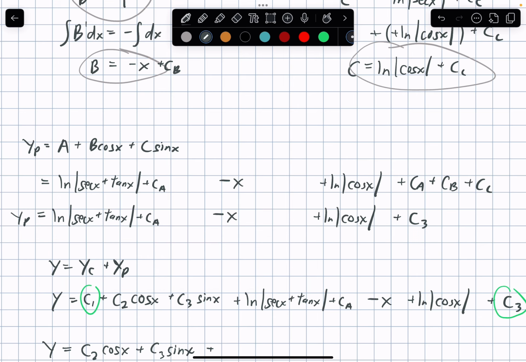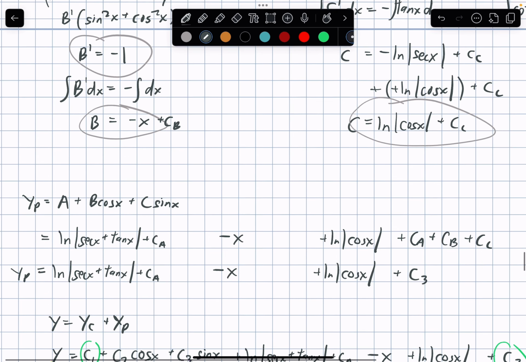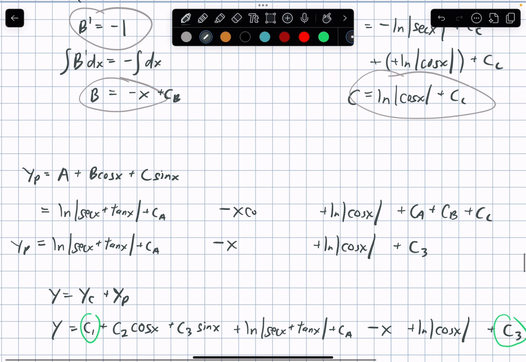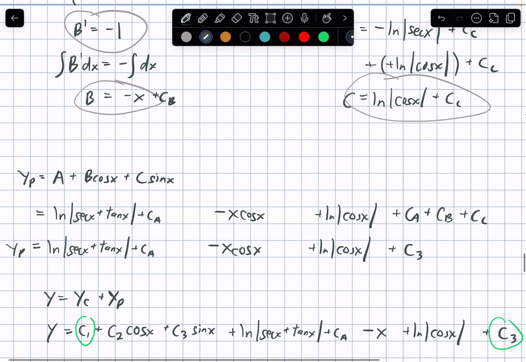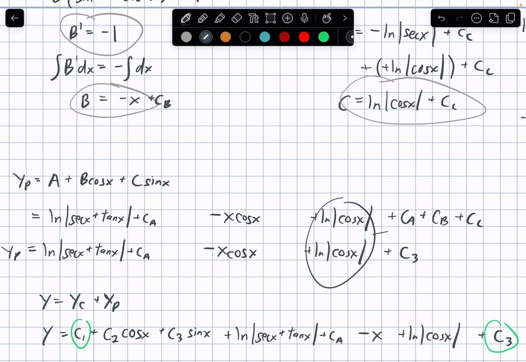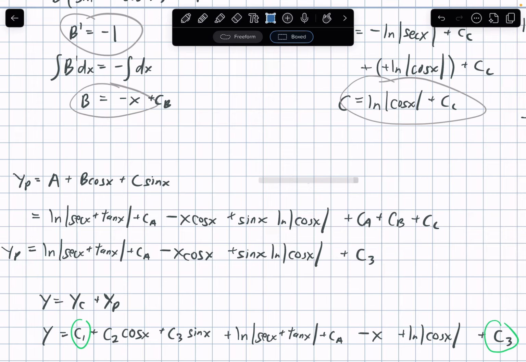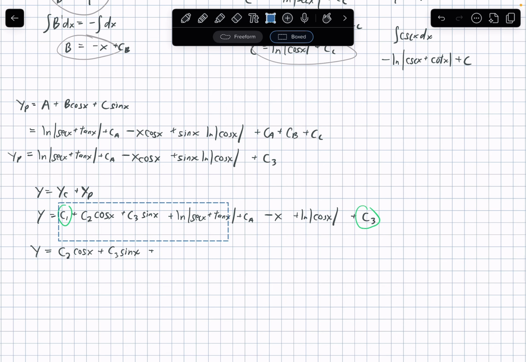For B, cosine x, B is negative x, you have to put cosine x. And then plus C, C is this one, and then sine x, no? Okay, we fixed it. Let's fix this.